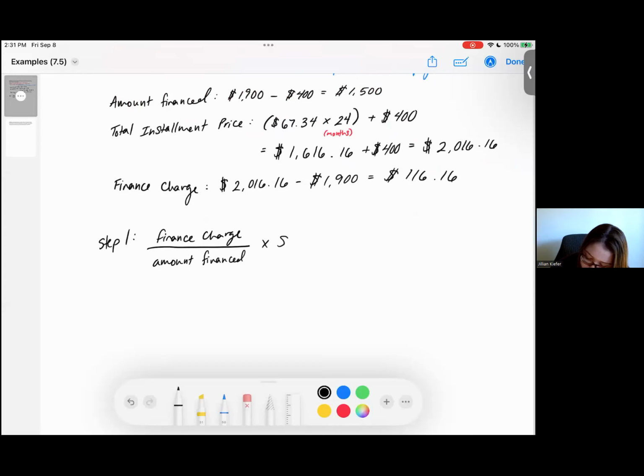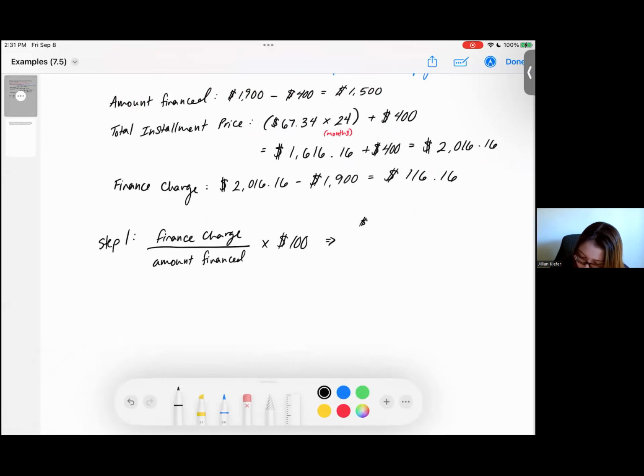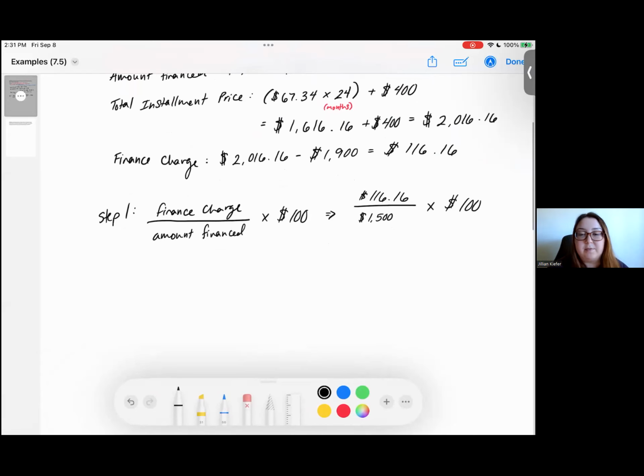We multiply by $100. So that means we're going to have $116.16 divided by the amount financed, which is $1,500. Whatever that value is, we multiply it by $100 to get our final amount.